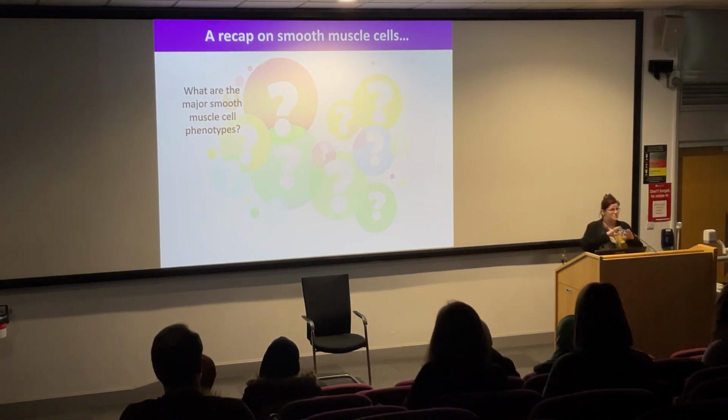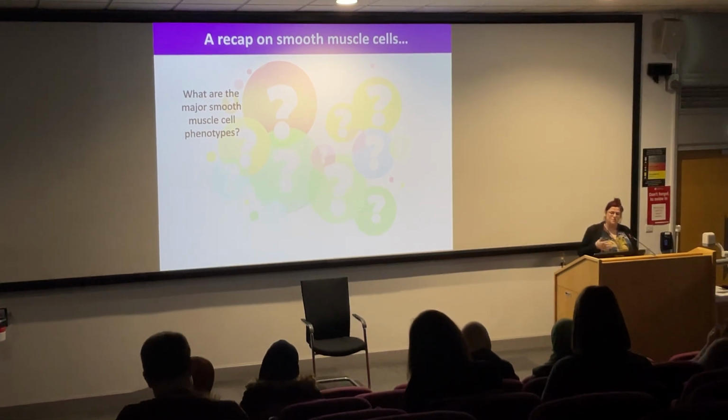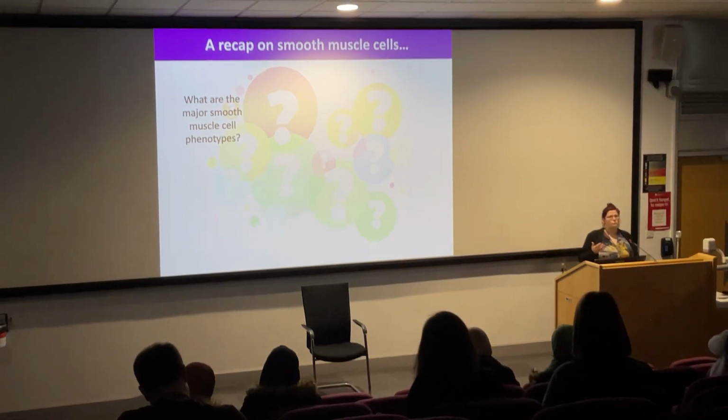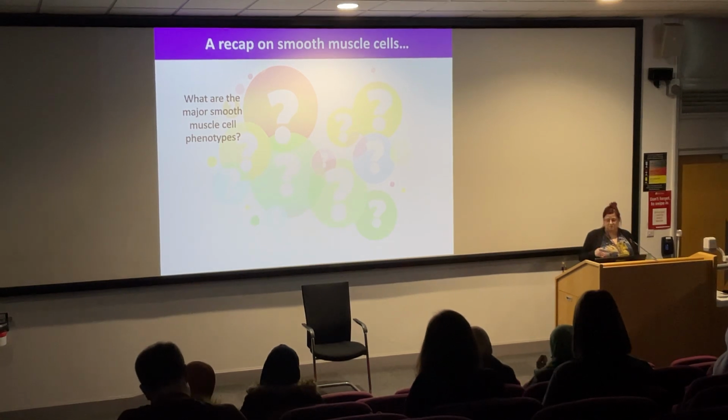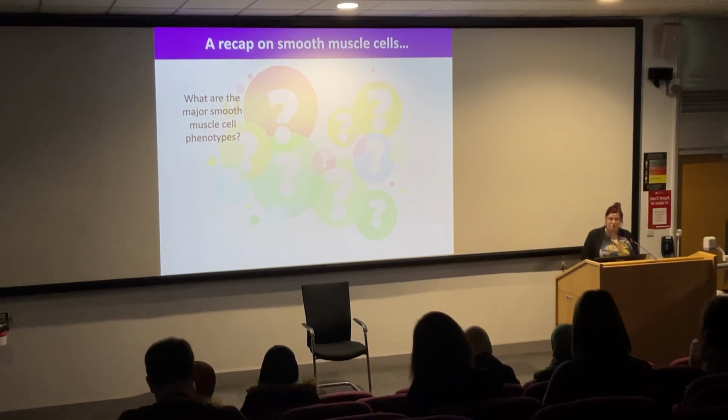So your contractile smooth muscle cell is your normal smooth muscle cell. What about when it's in an atherosclerotic plaque? What does that become? Synthetic, yeah. What about when it starts to take up cholesterol? What's that? Foam cell, yeah. What about when it starts to get crunchy? Yeah, calcified, osteogenic.